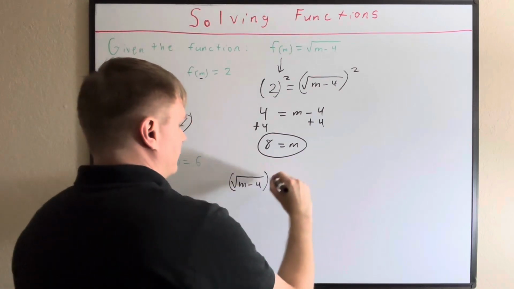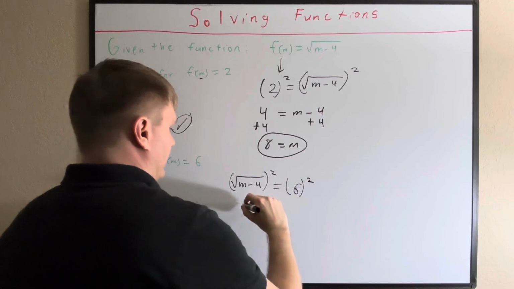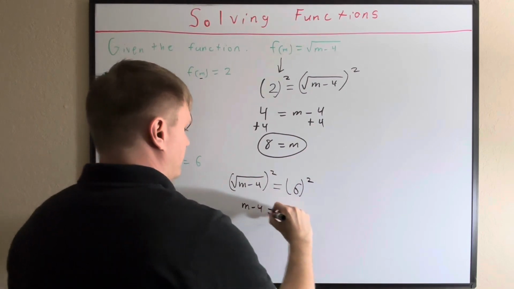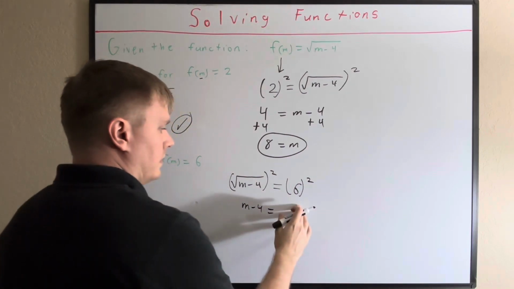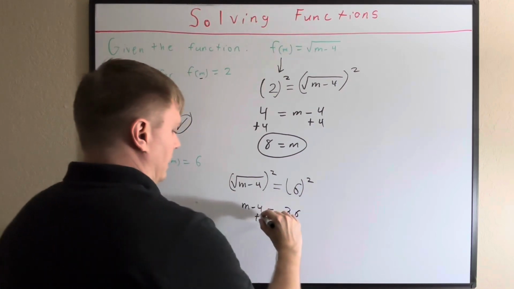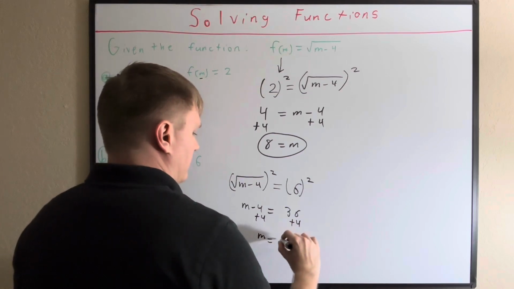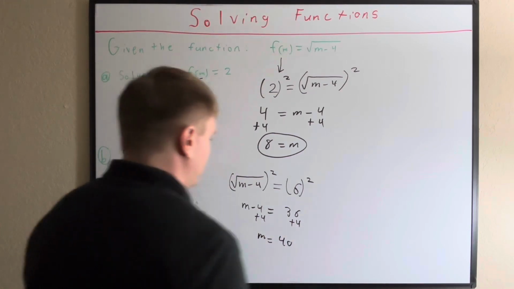All right, square both sides just like we just did. What we get? We get m minus 4 equals 36. Add 4 to both sides. m equals 40, right?